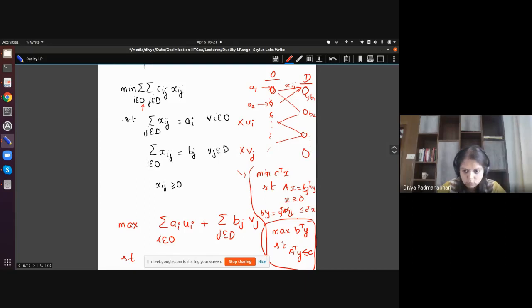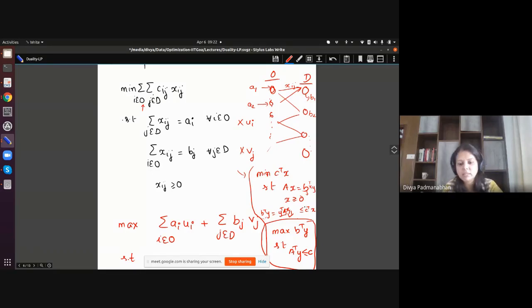Now, it's already given to you that x is greater than or equal to 0. So each component of x, x1 to xn, is greater than or equal to 0. Now A transpose y is a vector, and if you take x1 and its coefficient, you get some component of A transpose y. If you make that less than or equal to c1, then you're done.